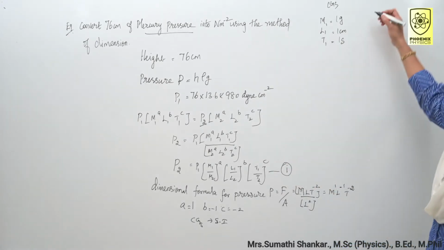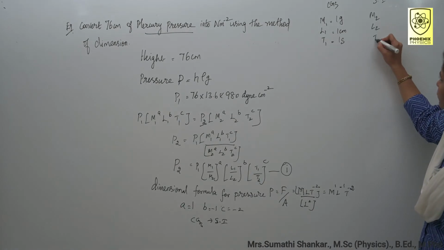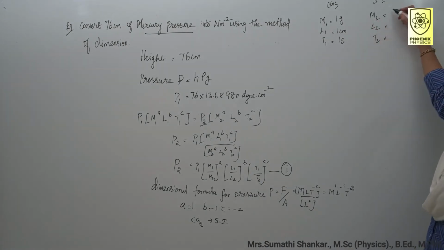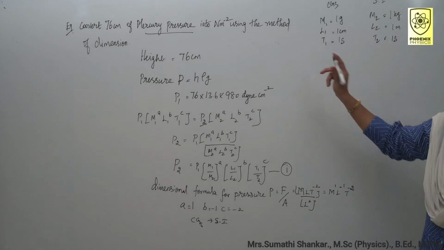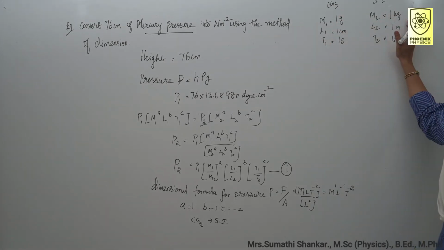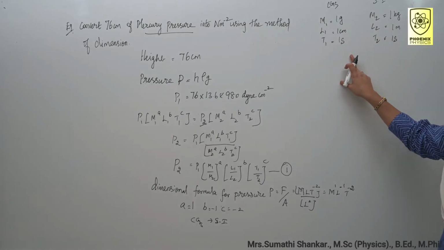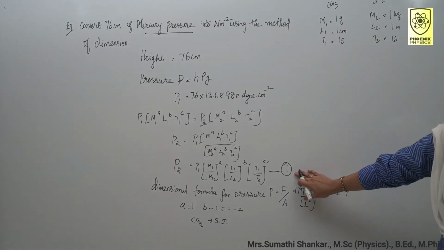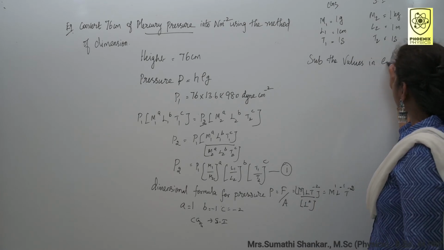Then SI, here M2 L2 T2: M2 is 1 kilogram, L2 1 meter and T2 1 second. These are the CGS system units and these are the SI system of units. Up to this clear? Here you know the powers and the value of M1 L1 T1. Just substitute the values in equation 1.